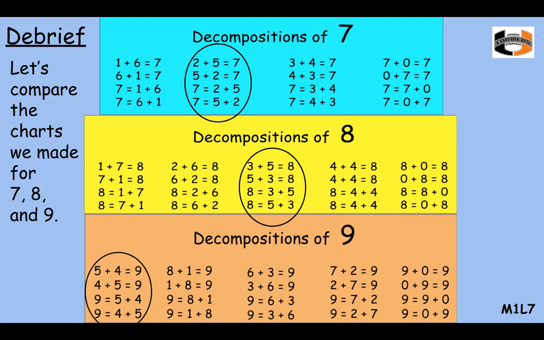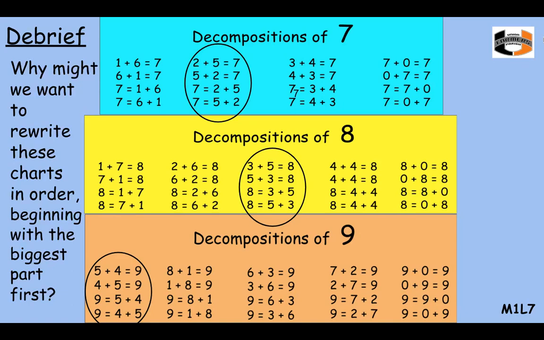And look at 9. 4 plus 5 equals 9. One part went up again, and therefore the total went up. Why might we want to rewrite these charts in order, beginning with the biggest part first?